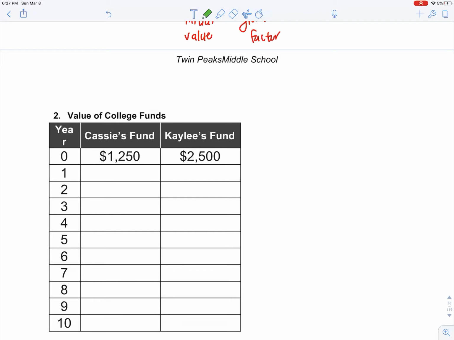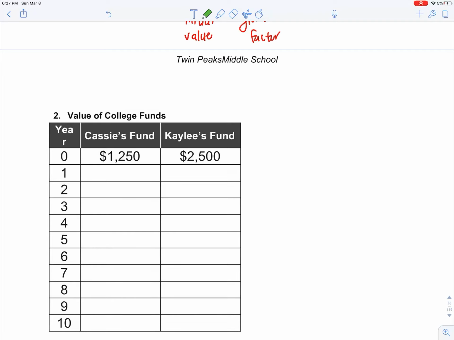You can use these to help you find data, but also help you fill out this table. If you'd like, you can just go straight down the line and multiply by 1.04 all the way through.